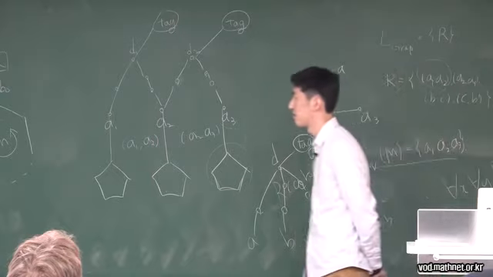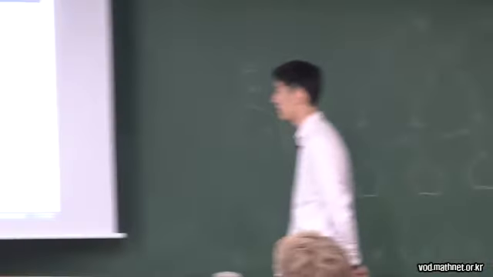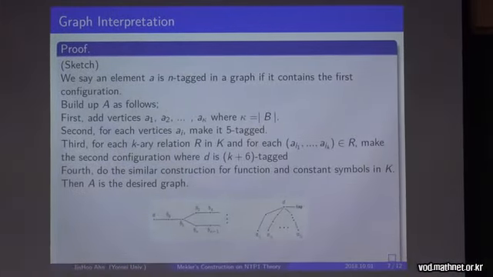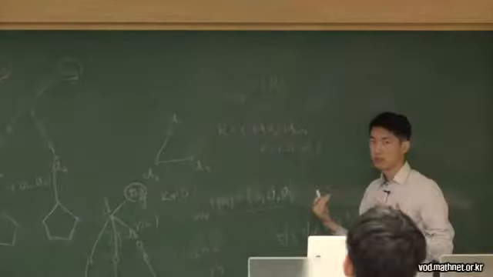And okay, the fourth one is not easy actually. Do the similar construction for function and constant symbols in K. That means you have to make a similar construction to what we did for relations. It may look very difficult, but a function is actually nothing but a relation. Why?